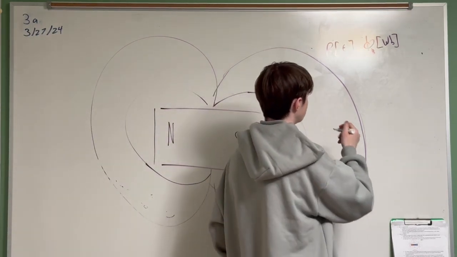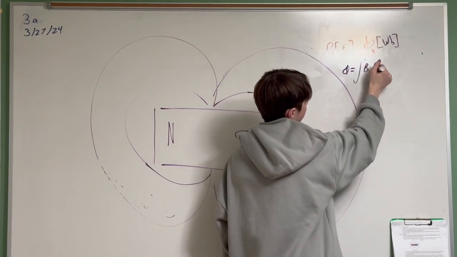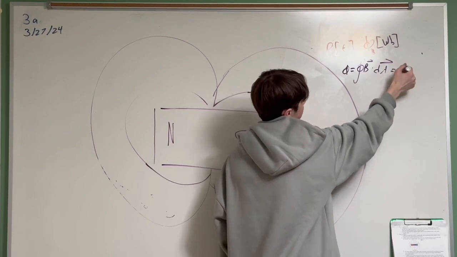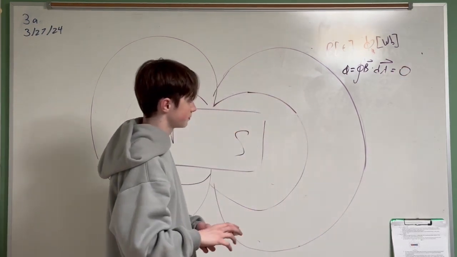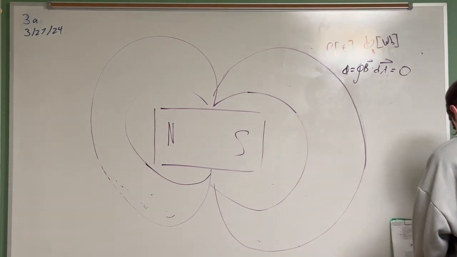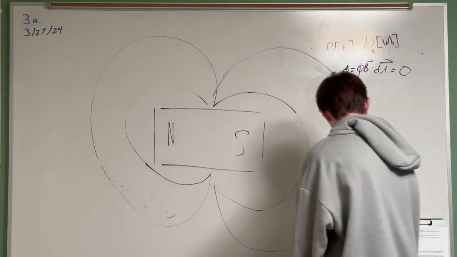So we had magnetic flux is equal to the integral of B dot dA. If we enclose that, then this would be equal to 0.